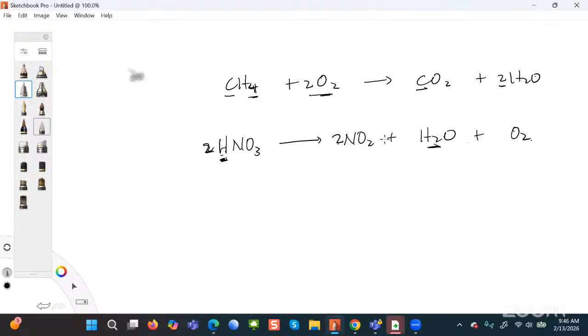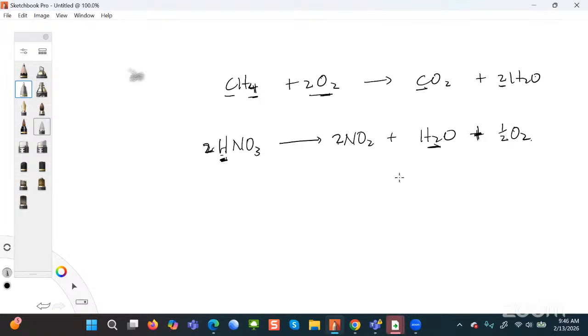So we have a situation here where we have 6 oxygens on the left and we have 7 oxygens on the right. So the question now becomes, how do I balance oxygens? And this is going to look weird, but this works actually. So what I would do is put a coefficient here of a half, right?